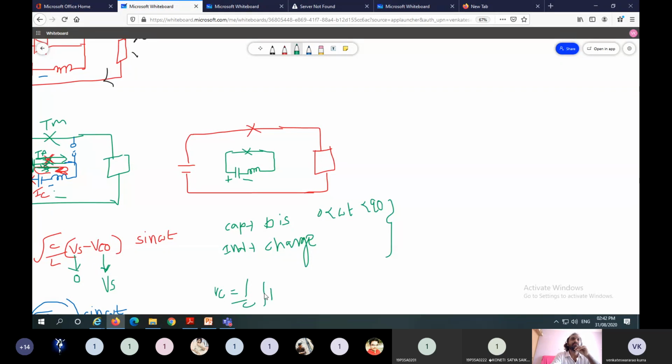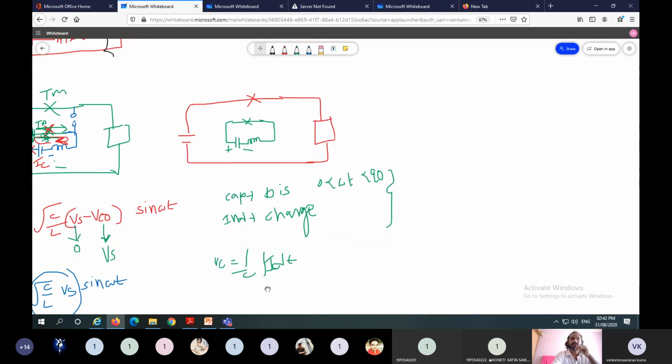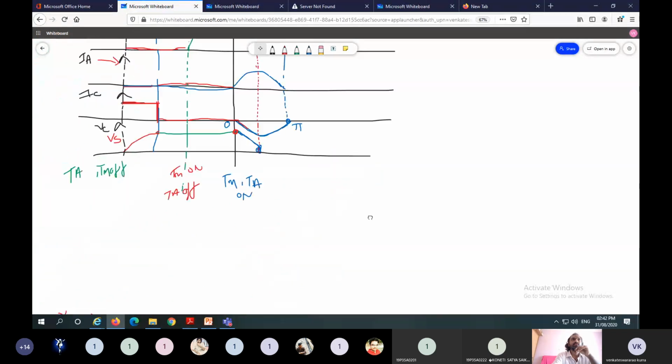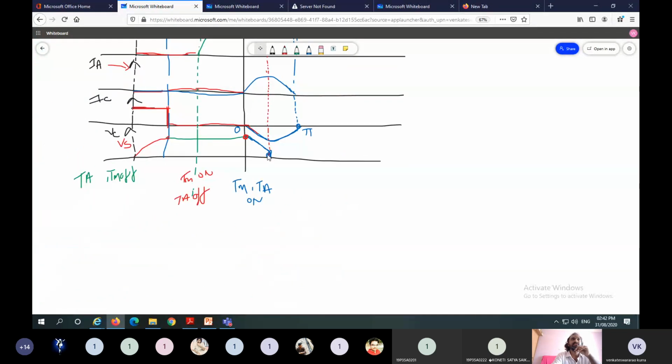Here i(t) is a function of sin omega t, so the integration of sin omega t is cos omega t. Cos 90 is 0, so the capacitor voltage is 0. At this point, the capacitor voltage is 0.